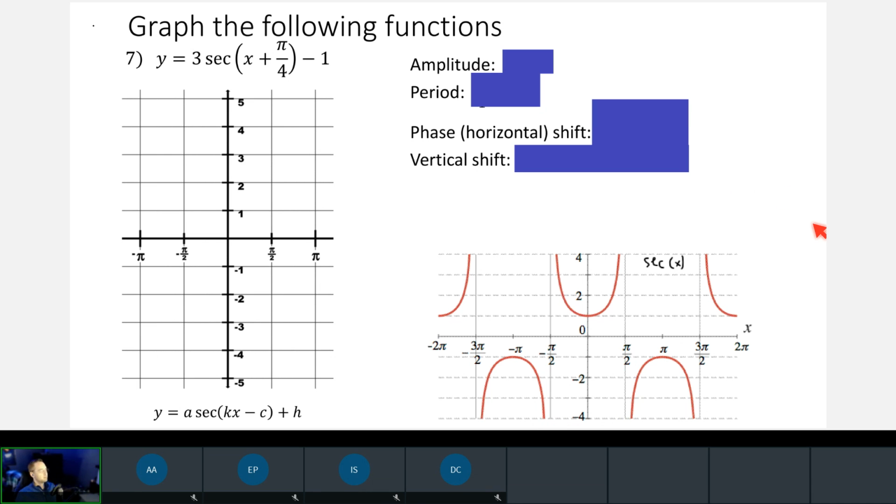Let's finish this. All right. Who wants to do this? Number 7. Somebody new? We got people in chat. Don't be scared. Whoops.